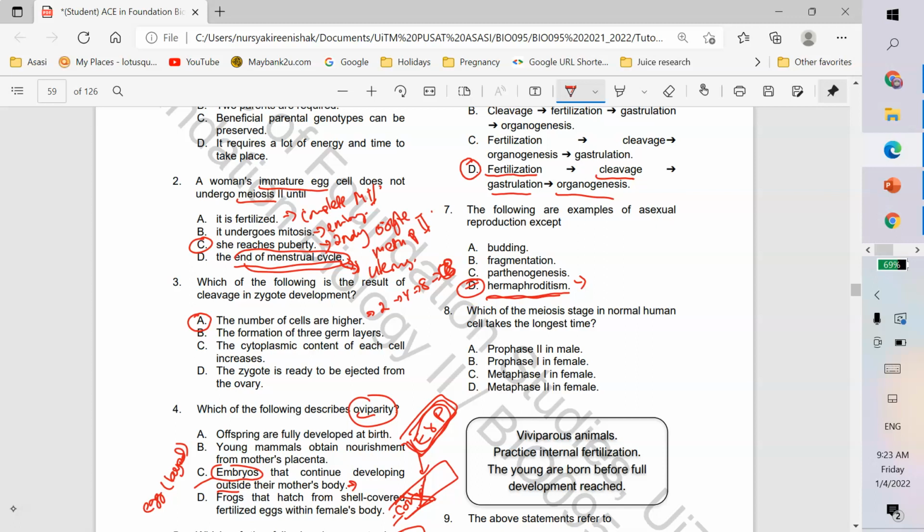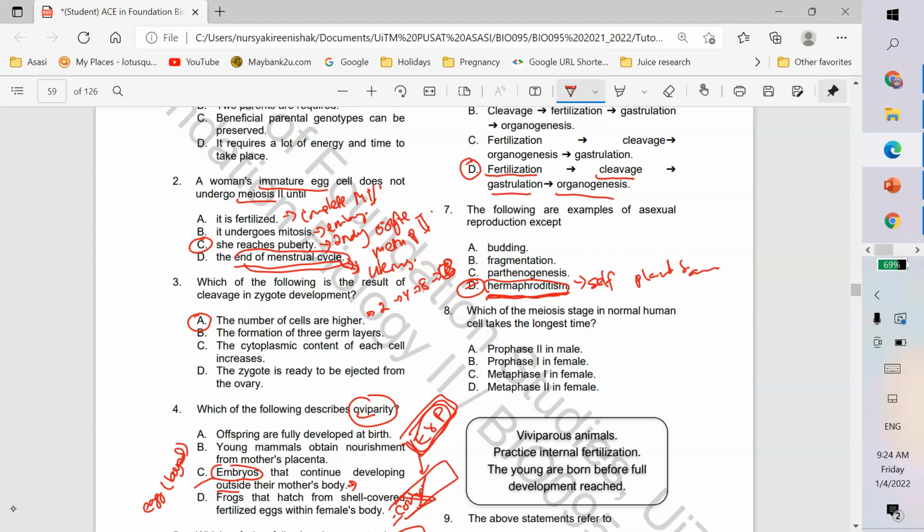The organism has both male and female reproductive system, so that individual is capable of producing both sperm and eggs. So because that individual is capable of producing both sperm and egg, so that individual is capable of self-fertilization. Self-fertilization. So this can be applied for both plants and animals.